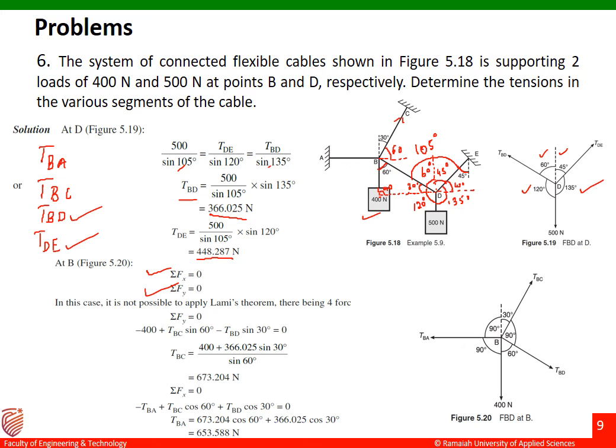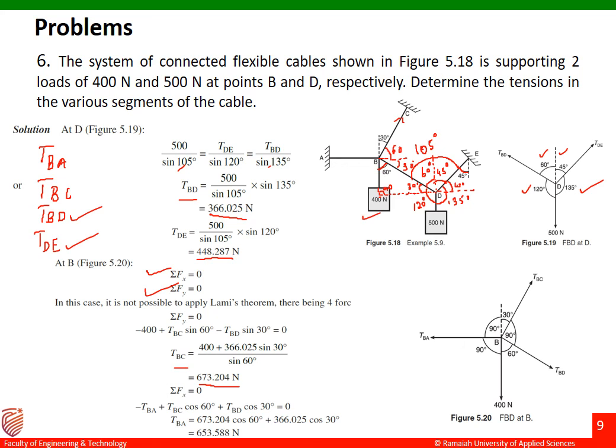This is my TBC into sine 60 degrees, minus TBD into, this is my 30 degrees over here, minus sine 30 degrees, equal to 0. So we'll get the answer for TBC as 673.204 Newton over here. So this is the answer for TBC.